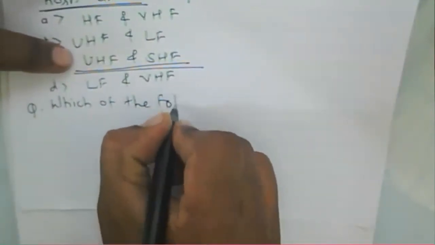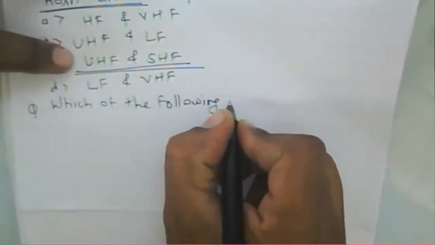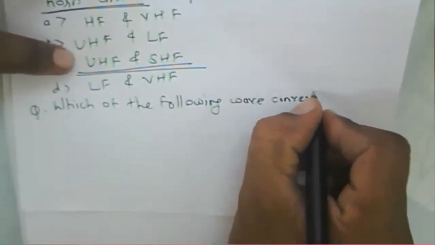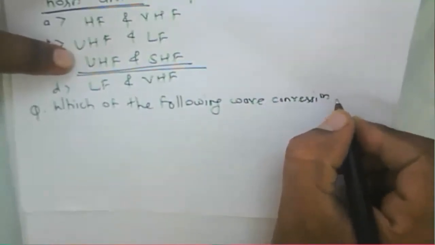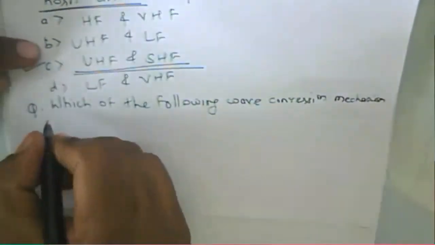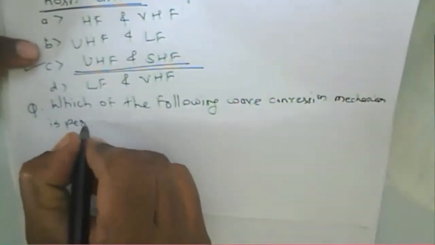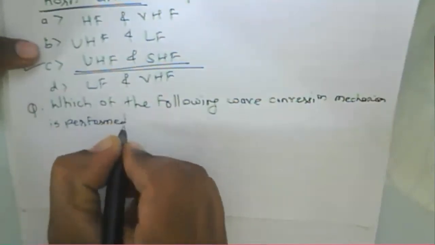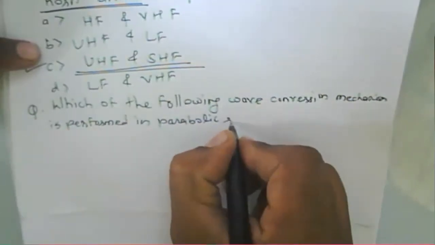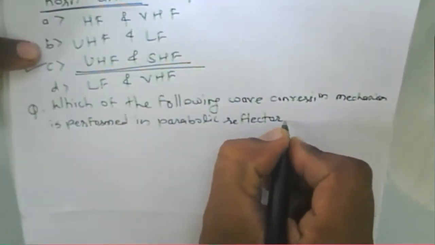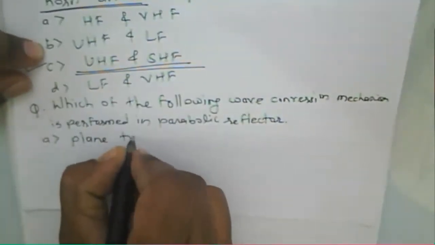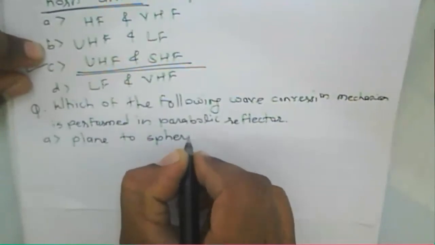Next, which of the following wave conversion mechanisms is performed in a parabolic reflector?